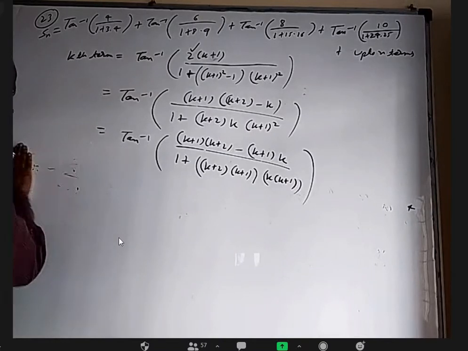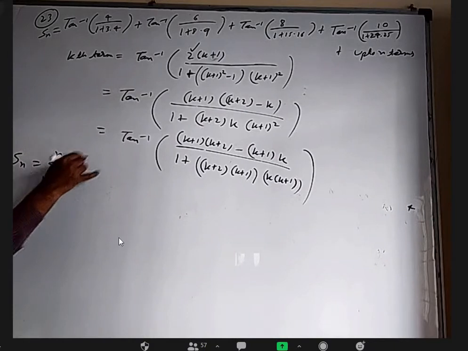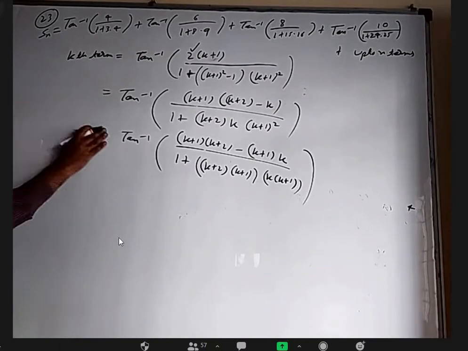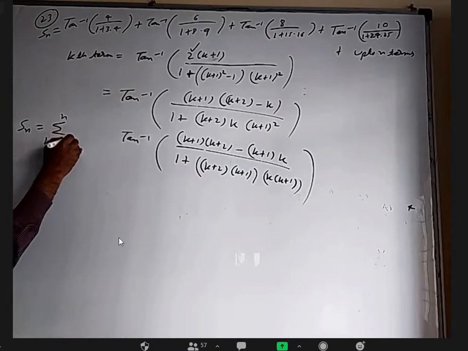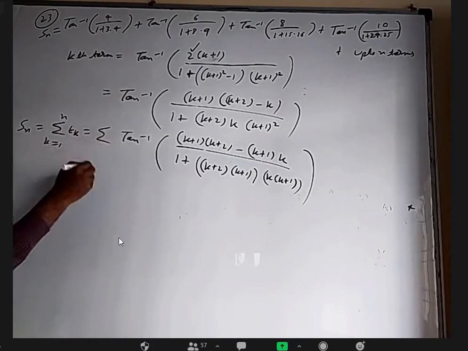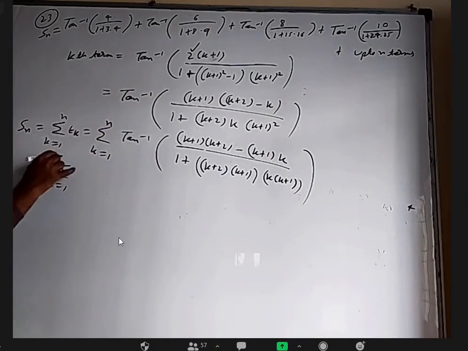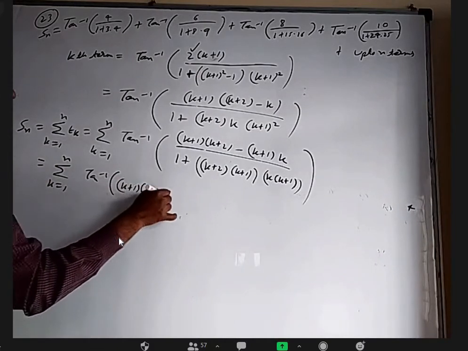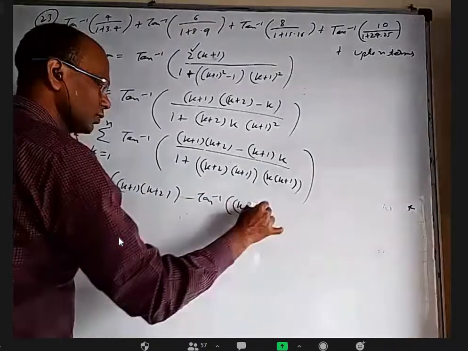Sn equals sigma k equal to 1 to n of tk, which is the kth term, which is sigma k equal to 1 to n of tan inverse of k plus 1 into k plus 2, minus tan inverse of k plus 1 into k.